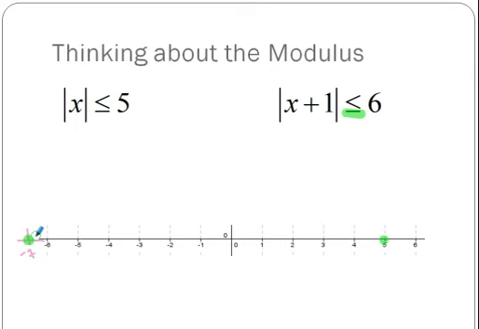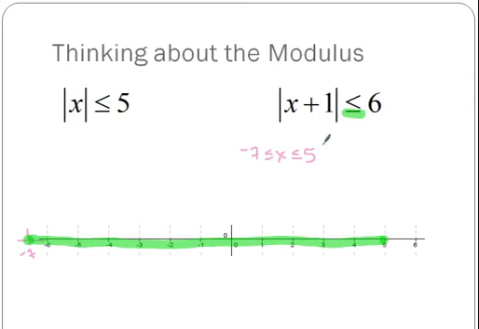I'm looking for things that are less than 6 now when I take the absolute value of them. If I put anything in between here, like negative 5, and negative 5 plus 1 is negative 4, the absolute value of negative 4 is less than 6, as is when I put 4 in, 4 plus 1 is 5, the absolute value of 5 is less than 6. So all of these values are the domain for this problem.